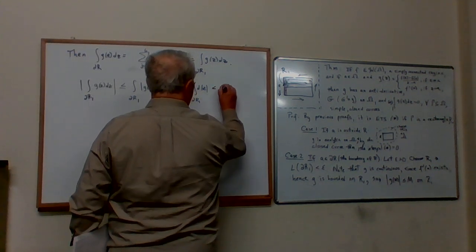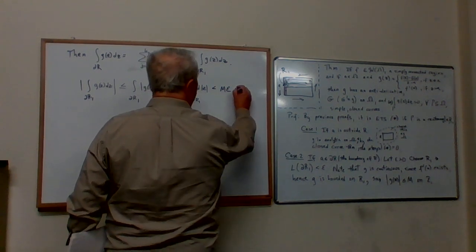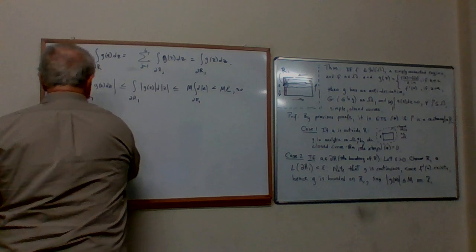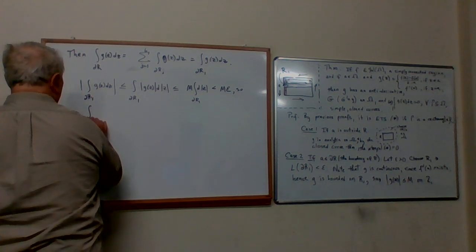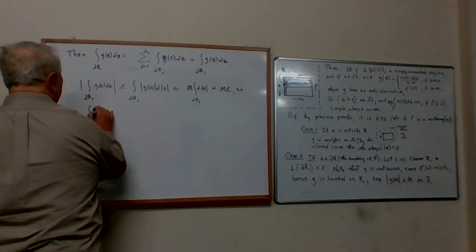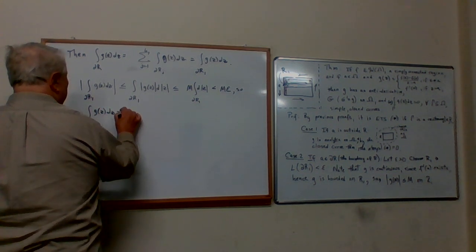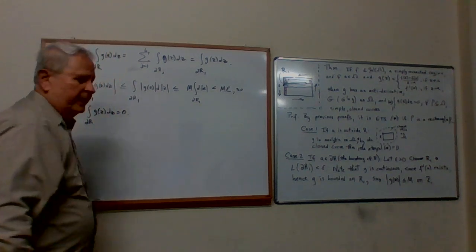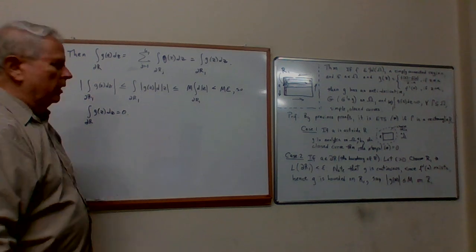So this is less than M times epsilon, so the integral equals 0. The integral over the boundary of R of g of z dz is 0. And that takes care of the case when A actually lands on the boundary of R.